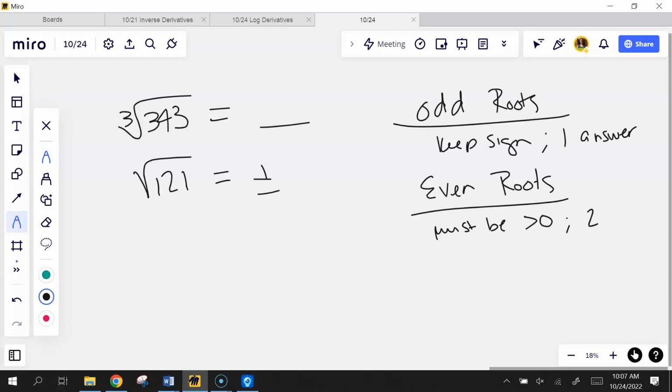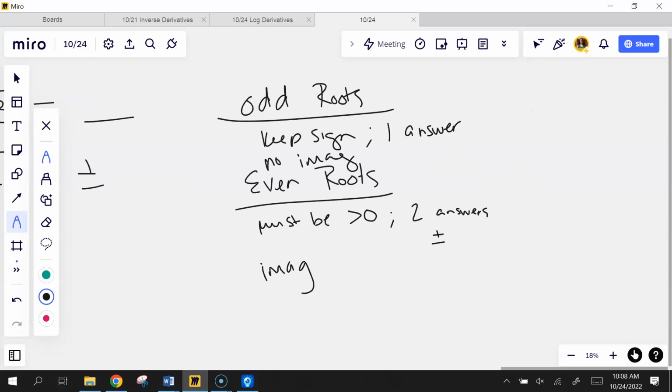Here I get two because I have to do the plus or minus. This is when I get imaginary solutions. This is when I never get imaginary solutions. All right, this is the easy part. This is the background. But let's talk about how we simplify, because here's when it's going to get more difficult.